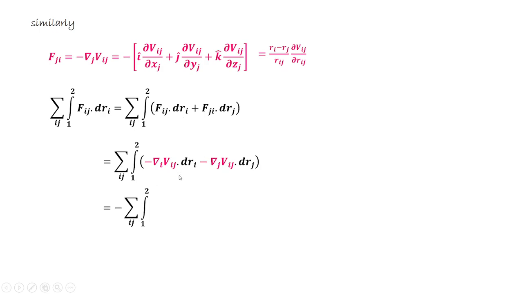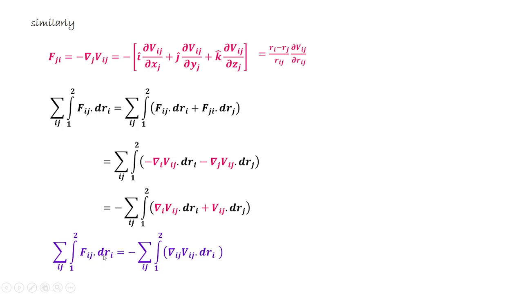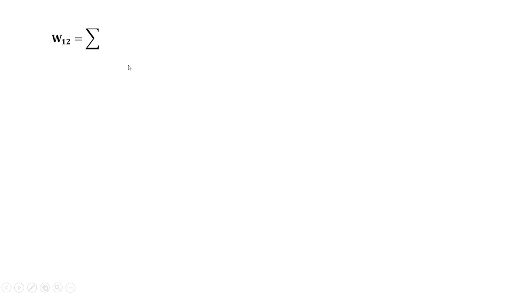Okay, then the minus is common. If you arrange this formula, finally you will get the final information: fij dot dri equal to minus summation of del ij vij dot drj. So this is our formula.